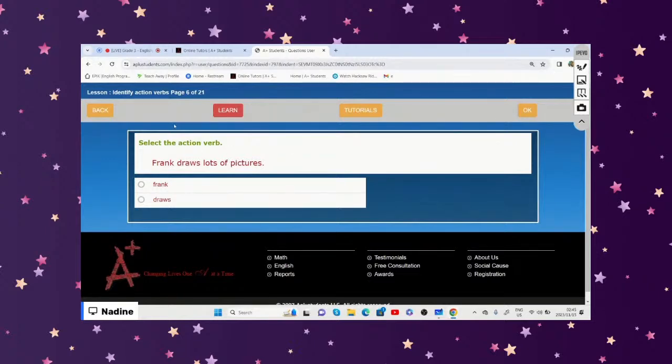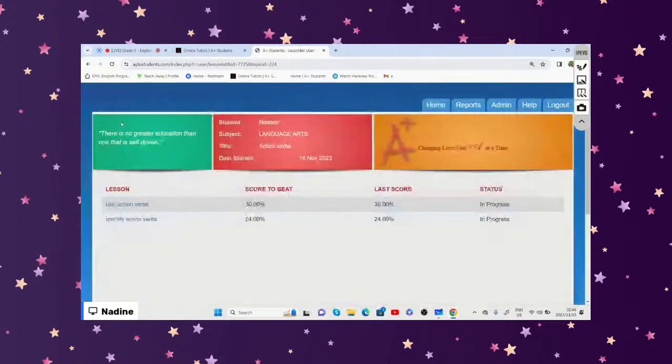And carves was correct. And then Frank draws a lot of pictures and we say draws is our action verb.